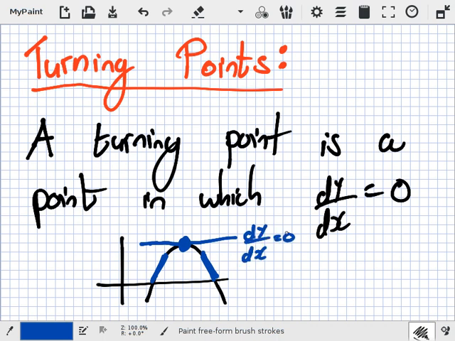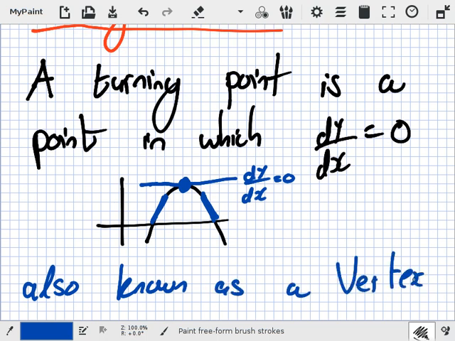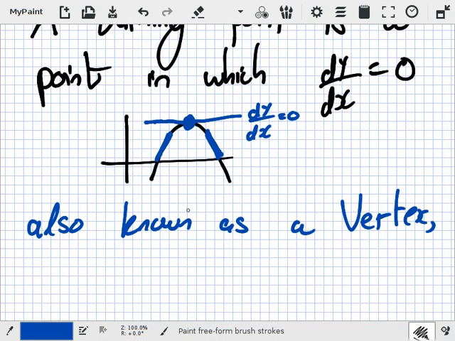Now we've seen something like this before in quadratics. What is this also called? Vertex, yeah. So it's also known as a vertex. But when you look at the picture, you realize, oh, you could also call it a maximum.